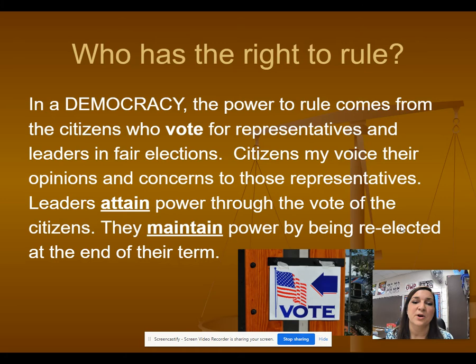The power to rule comes from the citizens who vote for representatives and leaders in fair elections. Citizens may voice their opinions and concerns to those representatives. Leaders attain. That's a word we'll come across many times. That means they get their power through the vote of the citizens and they maintain or keep their power by being reelected at the end of their term.